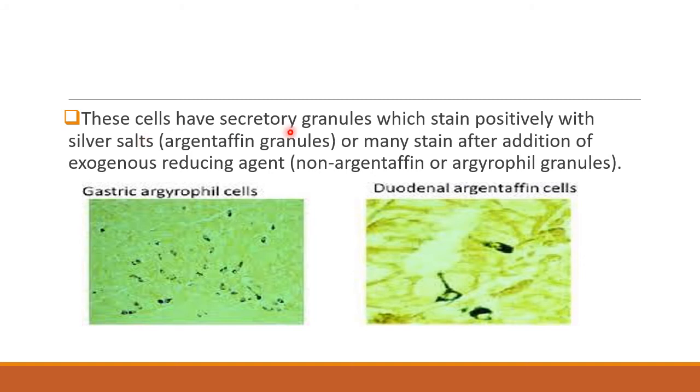These endocrine cells have secretory granules that can secrete many substances like histamine, somatostatin, and polypeptides. If they stain positively with silver salts, they are called argentaffin granules, and if they stain only after addition of an exogenous reducing agent, they are called non-argentaffin or argyrophilic granules. Here the gastric endocrine cells are argyrophilic because they stain after addition of the reducing agent, but the duodenal cells are argentaffin cells because they directly stain with silver salts.